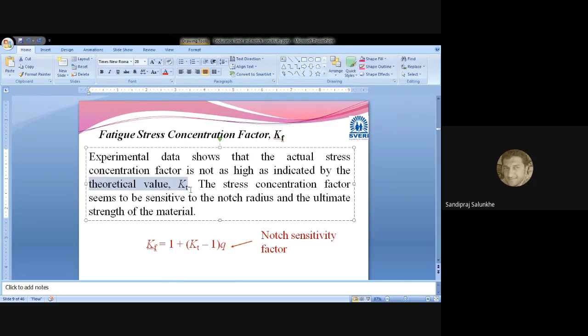Now, we have not yet seen what the theoretical stress concentration factor is and what the actual stress concentration factor is.